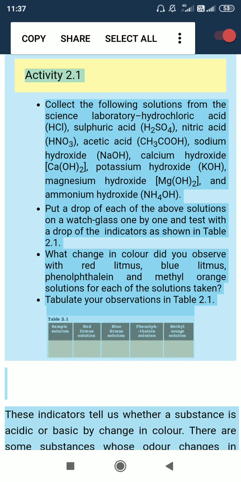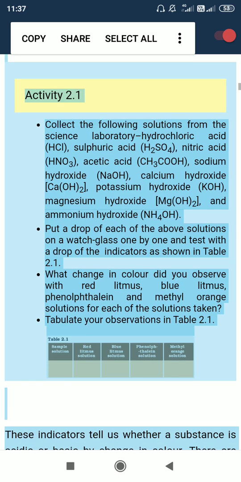But another property is there, the litmus test. Blue litmus changes to red when it interacts with acid.